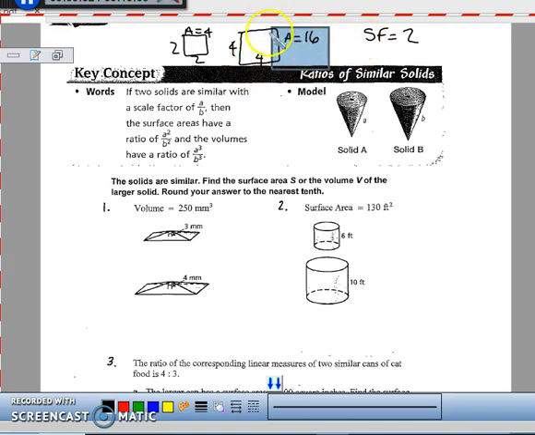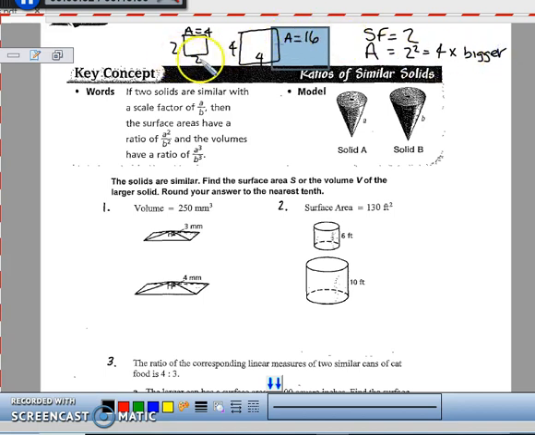So when you doubled the side lengths, what happened to the area? The area went from 4 to 16. That's not 2 times bigger. If you double the side lengths, the area will be the scale factor squared bigger, or 4 times bigger.